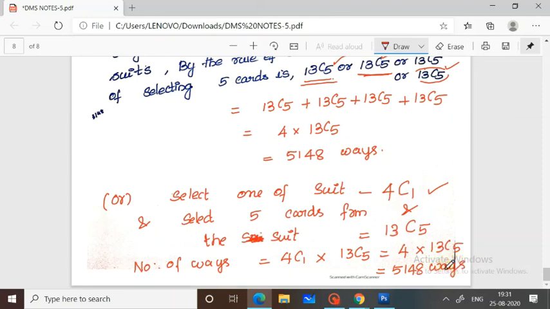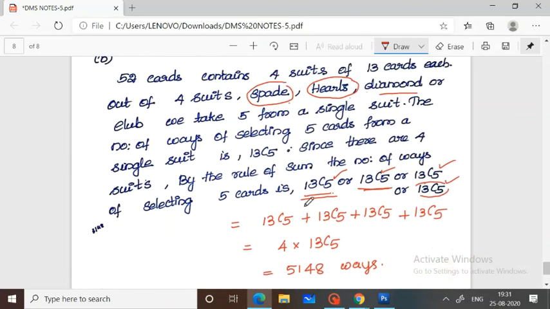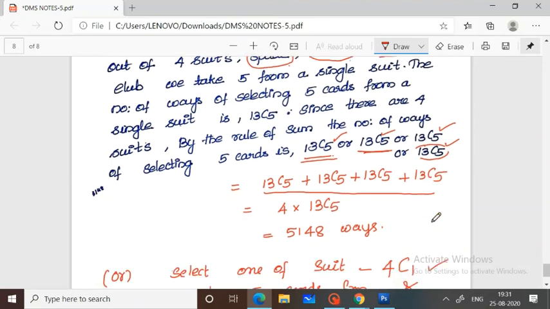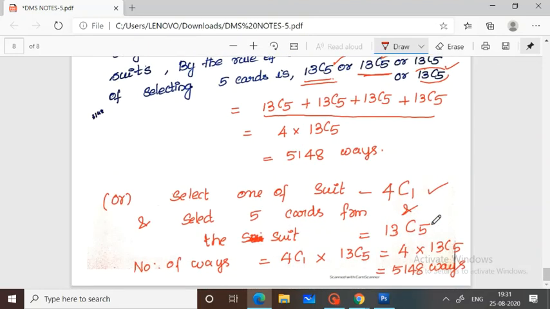Remember that the same question ഓരോ സ്യൂട്ട് എന്ന് പറഞ്ഞ് ഇങ്ങനെയും എഴുതാം. You can write the answer in this way also: 13C5 plus 13C5 plus 13C5 plus 13C5, or you can write select one of the suits, that means 4C1, and we have to select 5 cards from the same suit, that means 13C5.